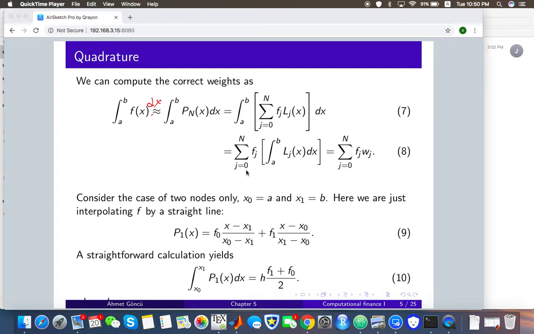And basically instead of f of x dx, we are approximating with an nth order polynomial. And so for the integral, we have the quadrature denoted in terms of the fj's times the polynomial functions, because this is coming from the property of the Lagrange polynomials. So the key here is to be able to write the Lagrange polynomials, but that's not very complicated.